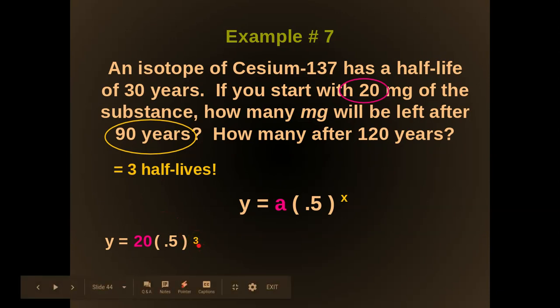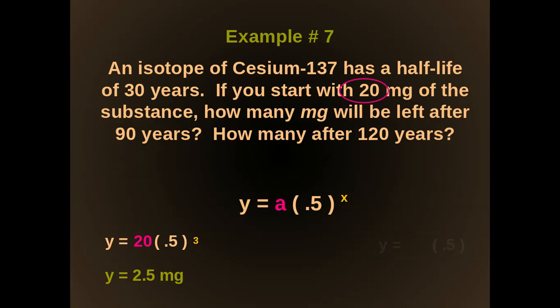So the exponent would be 3. So calculating gives us 2.5 milligrams of that initial 20 that would be left. If I divide 20 in half 3 times, 20 divided by 2 is 10. 10 divided by 2 is 5. And 5 divided by 2 is 2.5. How many would be left after 120 years?